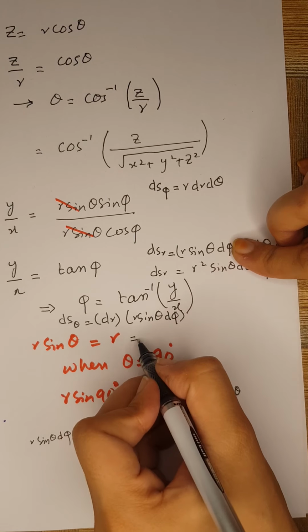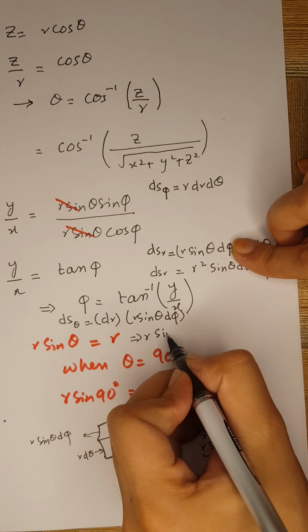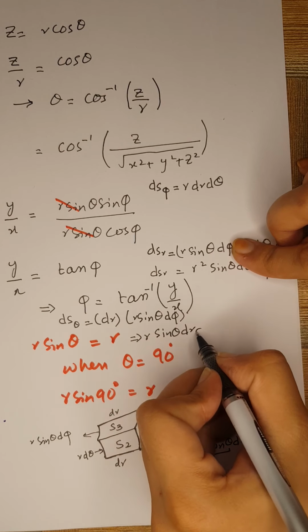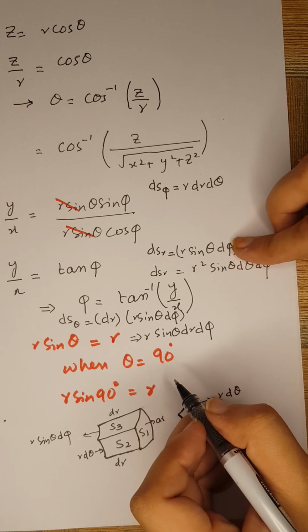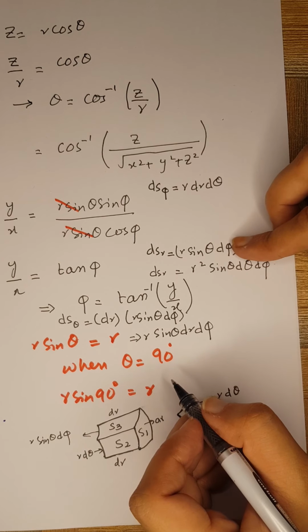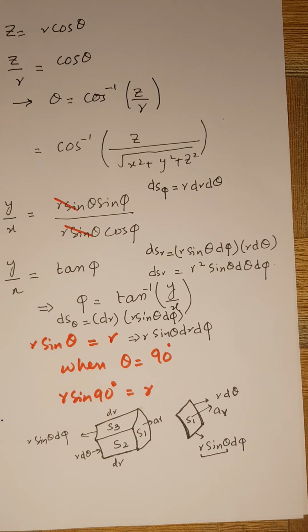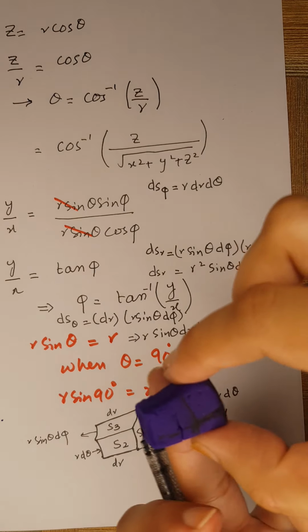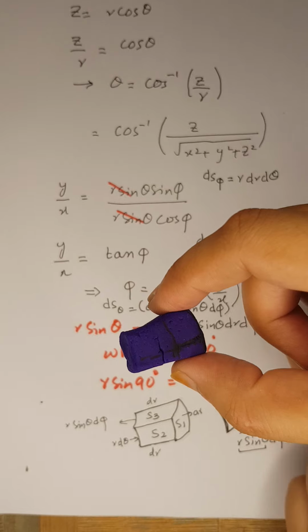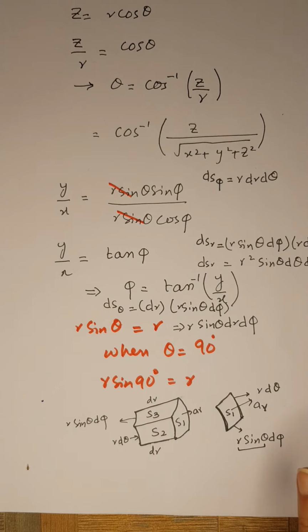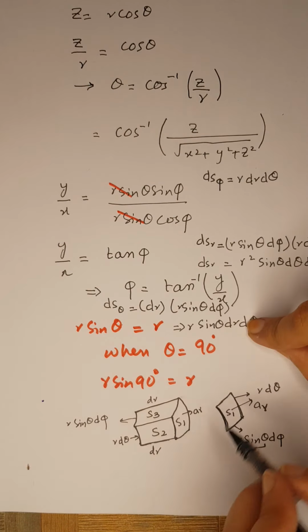Let's simplify it. You will get r sine theta dr d phi. So these are the surface areas of the three surfaces that we get by taking this differential element.